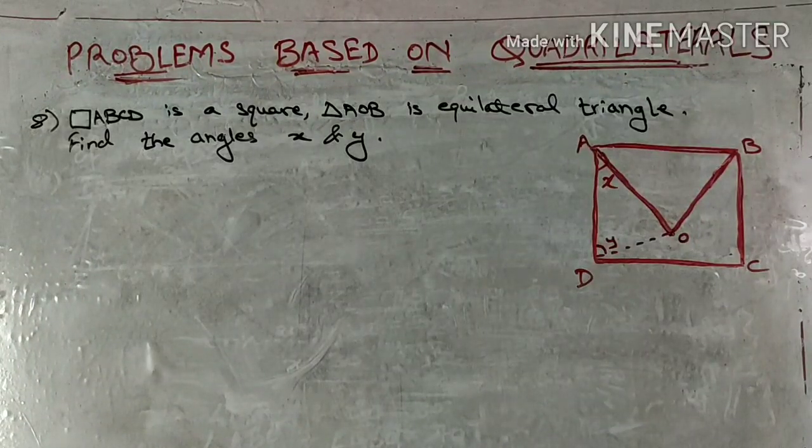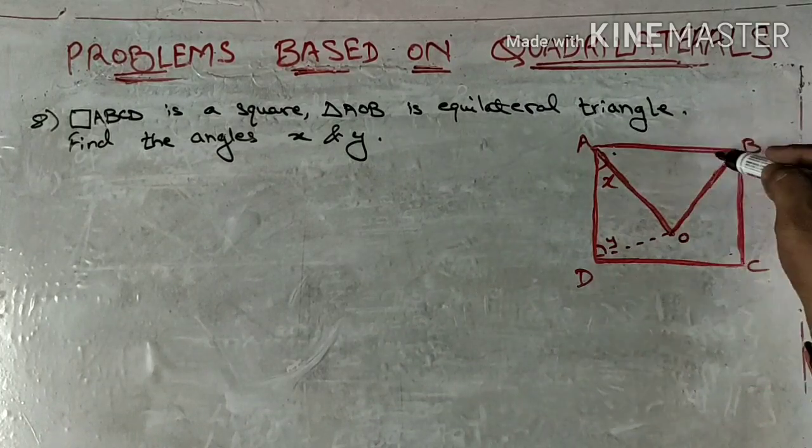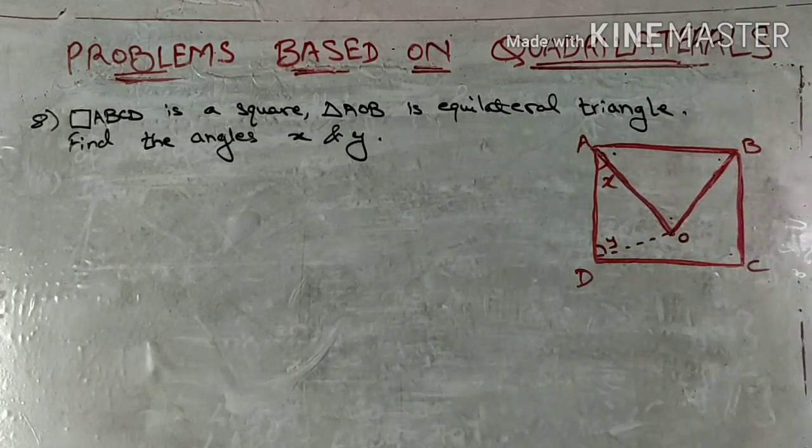Coming to this question, quadrilateral ABCD is a square. Triangle AOB is an equilateral triangle. Find the angles x and y. Now, one of the properties of the equilateral triangle is that all the angles of an equilateral triangle are equal.